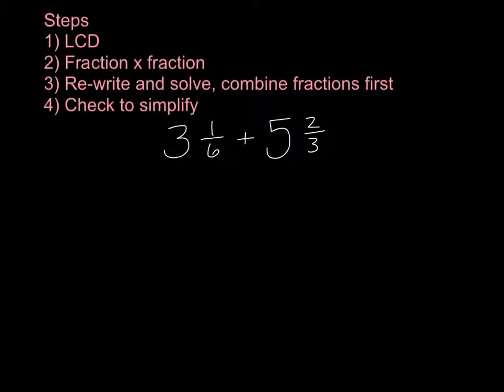This example, we're going to have 3 and 1/6 plus 5 and 2/3. I once again start by looking at my denominators. 6 and 3 are not the same, so step 1 says find the LCD.